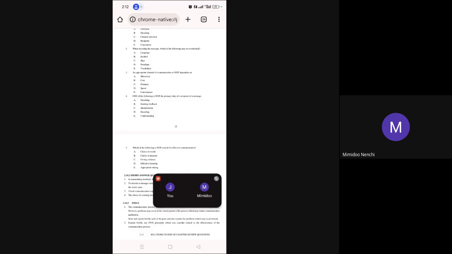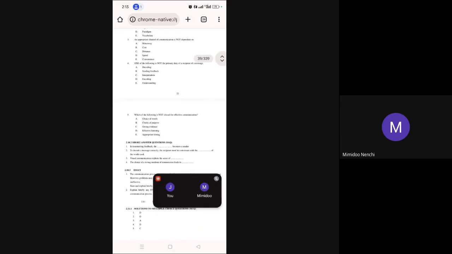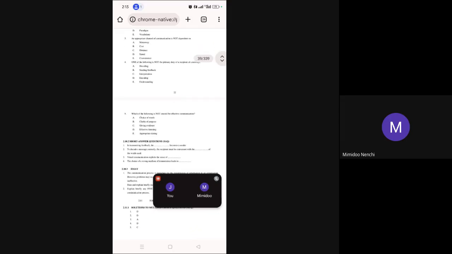Now, which of the following is not crucial for effective communication? One, choice of words, clarity, giving evidence, effective listening, appropriate timing. Giving evidence is not crucial.